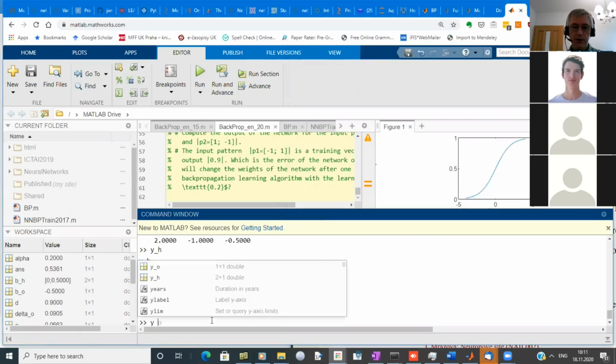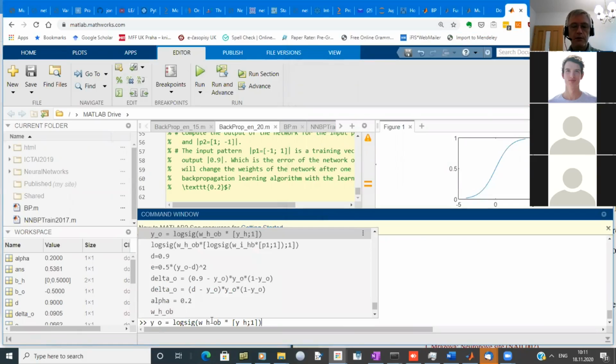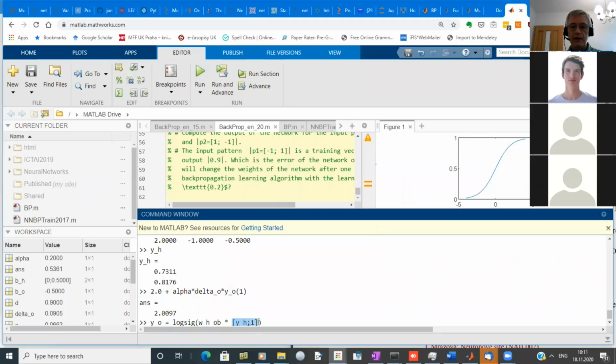So when we computed the output on the output neuron, we extended the output on the hidden layer by 1. This one is actually the output of the virtual neuron, and the weights from the virtual neuron to the output layer are modeled in the last column of the extended weight matrix.